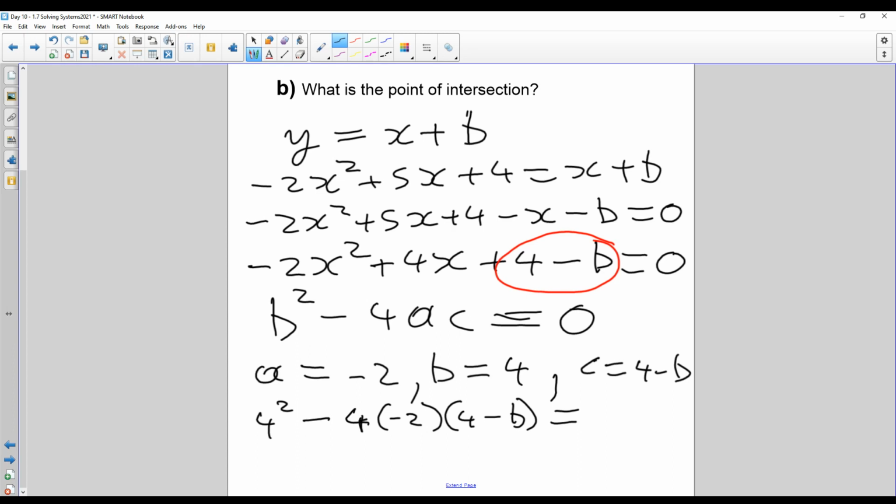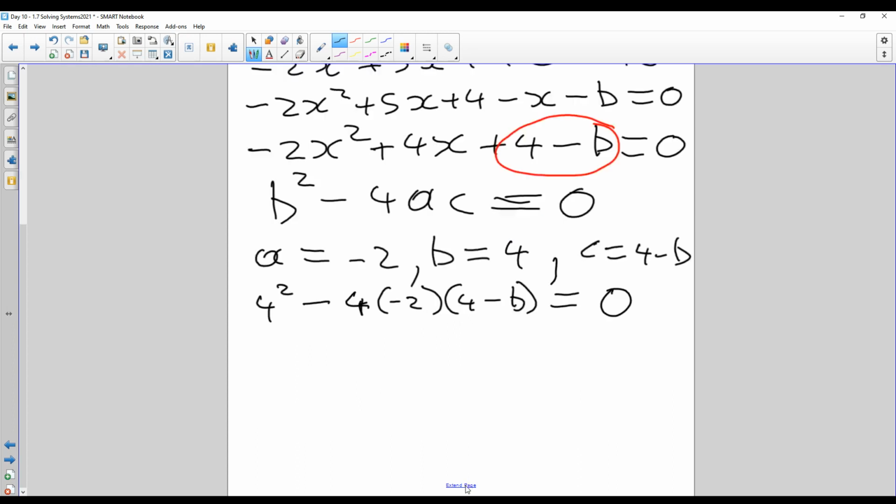Let me go through that again. This is our b squared minus 4ac right there. And we know it's equal to 0. Because what Jahim just said is one of the conditions that we have to meet if we have one solution.